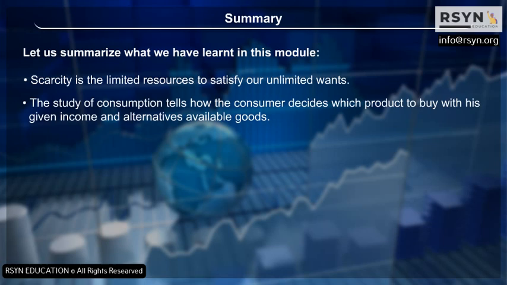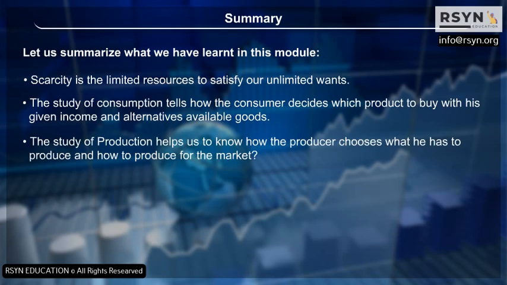The study of consumption tells how the consumer decides which product to buy with his given income and alternative goods available. The study of production helps us to know how the producer chooses what to produce and how to produce for the market.